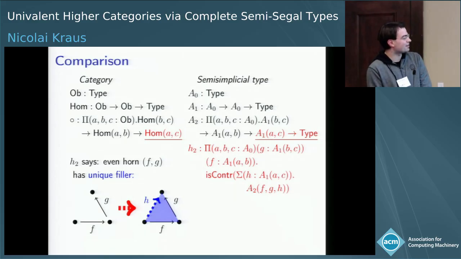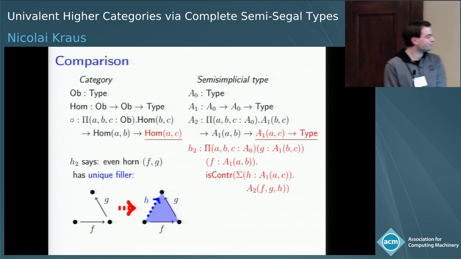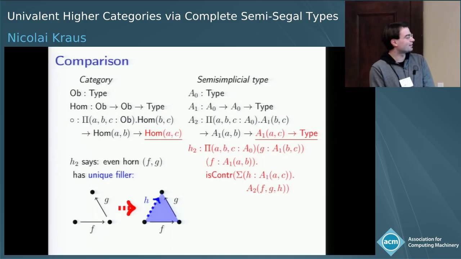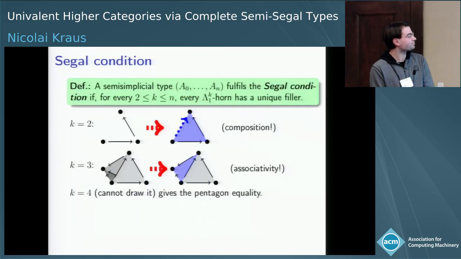It says that whenever we have such a configuration of an edge F and an edge G, we call this a horn. Then the type of possible fillers is contractible. So there's a unique such edge H together with a filler for the triangle. So right, this gives us composition.